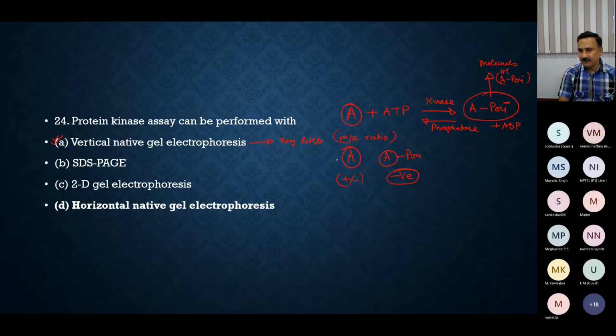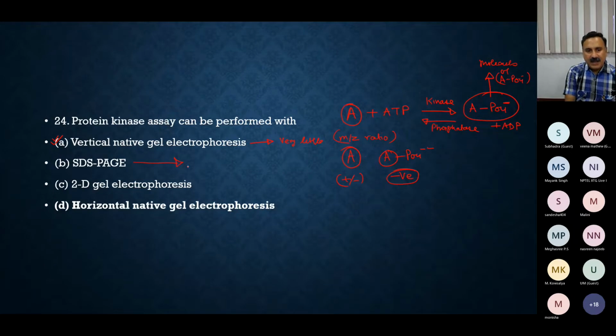Because A versus A phosphate, phosphate is not going to create a very high amount of charge difference. So practically, it is not possible.